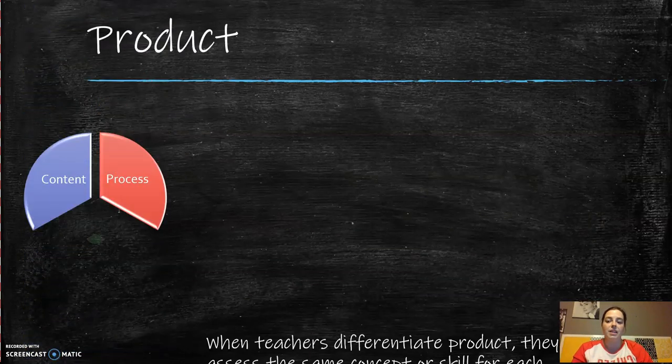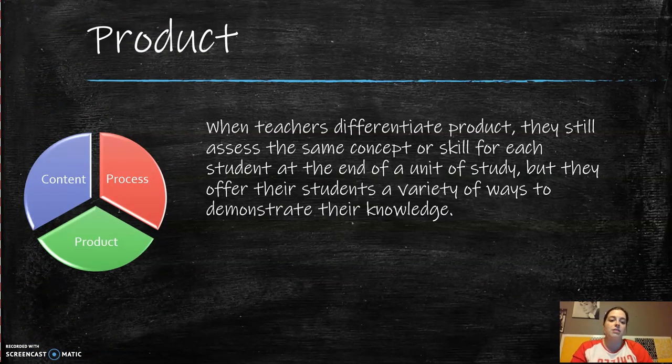And that is the process. Then you have the product. So the product is, again, where you're assessing the same concept or skill for each student, but we're offering students different ways to show their knowledge.